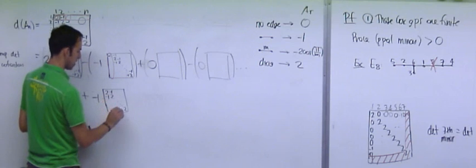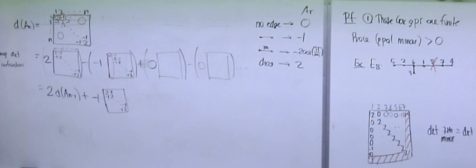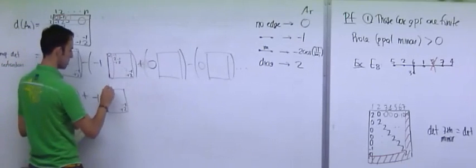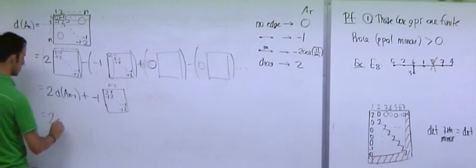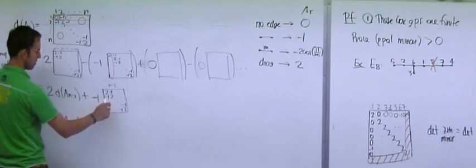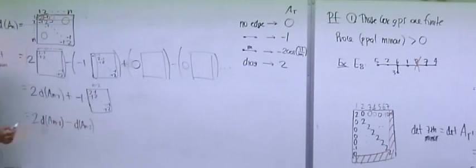And this is one I recognize. It's the same matrix, except that now what size does it have? N minus 2, because it has size n, then I chopped off one row and column, and then another one. And so what I get is 2d(A_{n-1}) minus d(A_{n-2}).